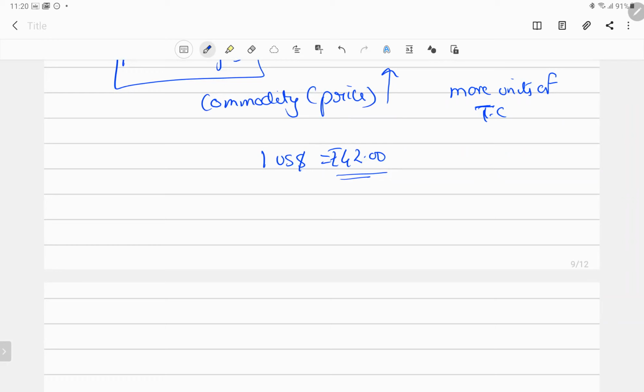Suppose the commodity price of US dollar rises. Okay, we have to see the interest rate and all. Suppose the US dollar price rises, okay, suppose 82.19. So it shows that the commodity price has risen in the market and we have to pay more units of term currency, right? So when the commodity price is rising, you have to pay more units of term currency.